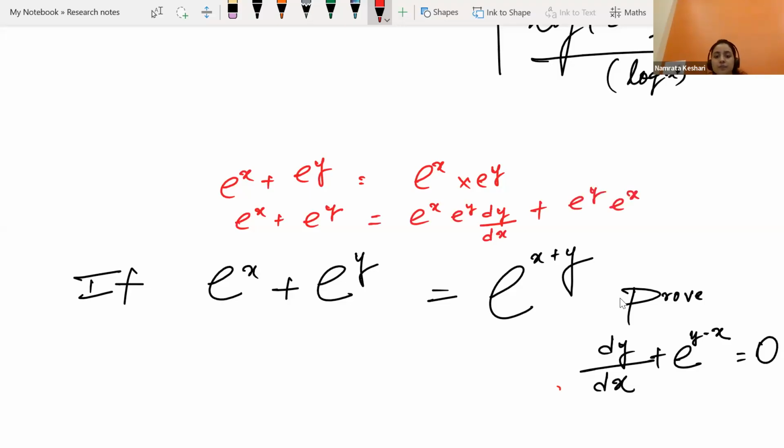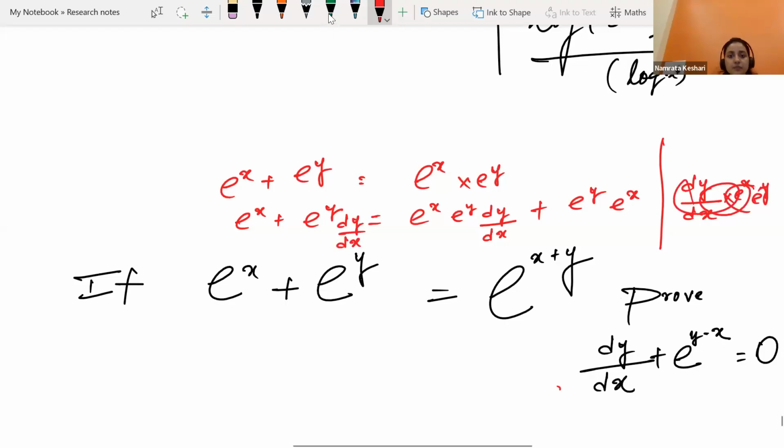Let me check it first. Okay, derivative of first function. So dy dx here will be getting dy dx. This will go to the other side, and we can take out e to the power y dy dx. Same thing we are gonna have. If it will come to this side, we'll be having.